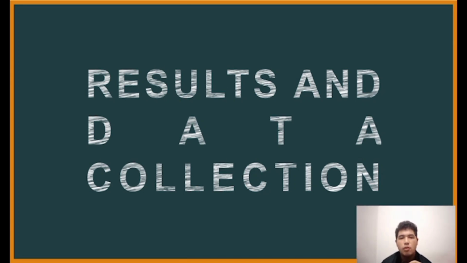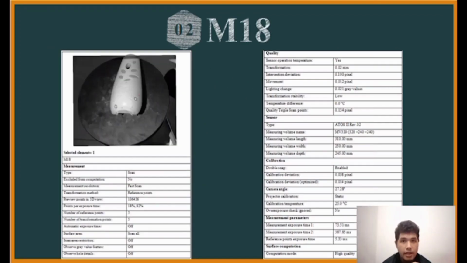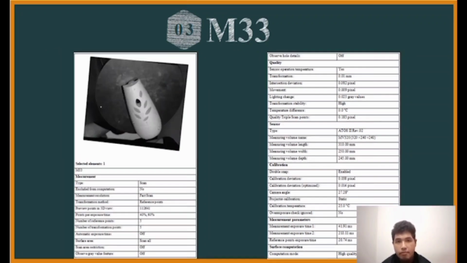From these 51 elements, we selected 3 different types of elements that had been captured from different sides and different angles, and we show the data and properties for each of these elements. The 3 different elements that we chose are element M1, element M18, and element M33.